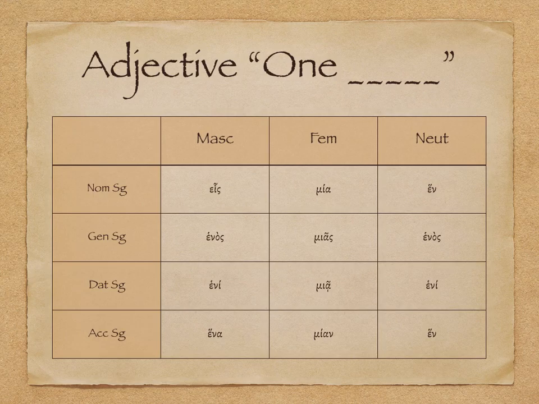Thus, required in the singular, obviously not the plural, but in the singular, it must have some nuances for the various cases. And you can see even here those third declension patterns. Heis, if you look down the masculine column, henos, heni, hena. Feminine, mia, mias, mia with the iota subscripting.